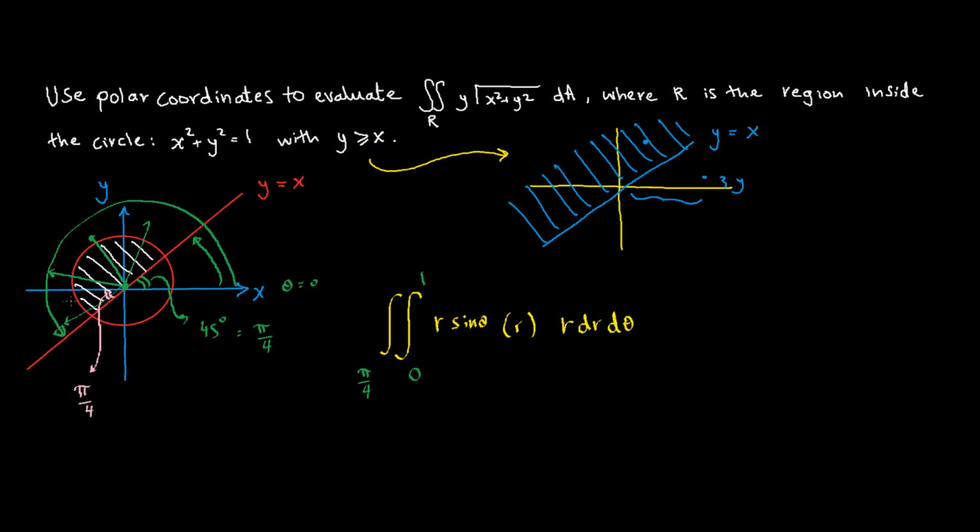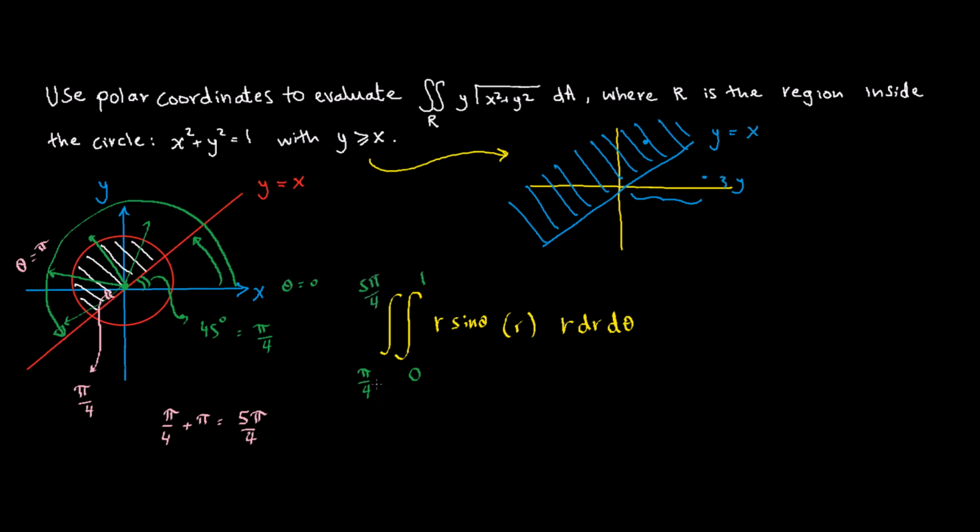We also know that the negative x-axis has theta equal to pi. So this means that this angle from the positive x-axis all the way to this line is equal to pi plus pi over 4. So pi over 4 plus pi gives us 5 pi over 4. So the upper limit of theta is 5 pi over 4.